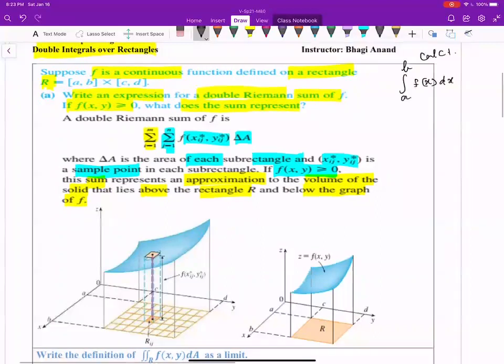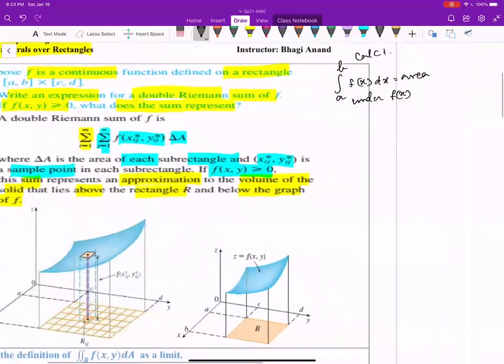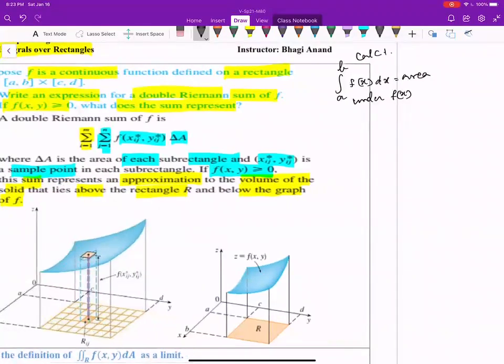That is the area under the graph of the function f of x, bounded by the lines x equal to a and x equal to b.